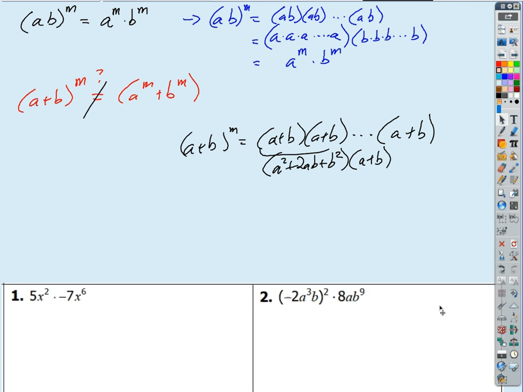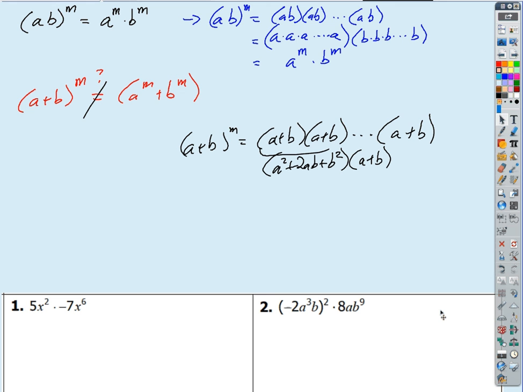So then let's go ahead and prove, now we can be smart about this and we don't have to do anything like this here to get this answer. But what about if I wanted to do a over b to the m? We know what the answer is, right? What is it?